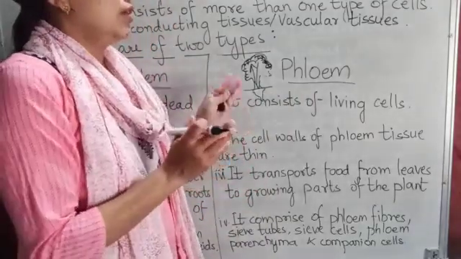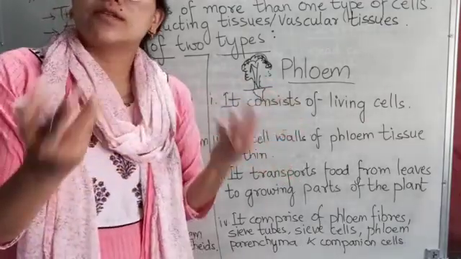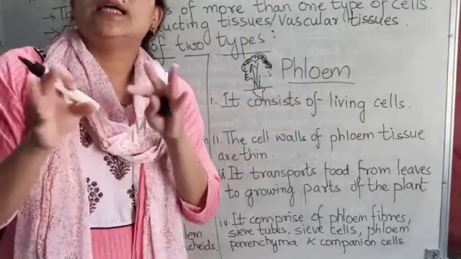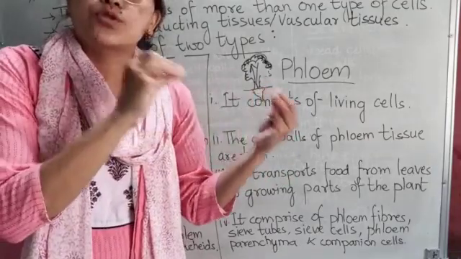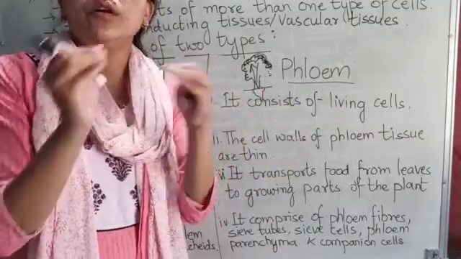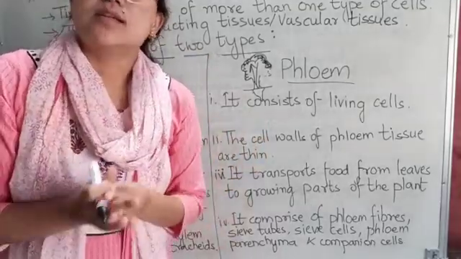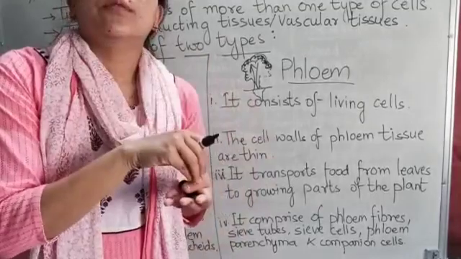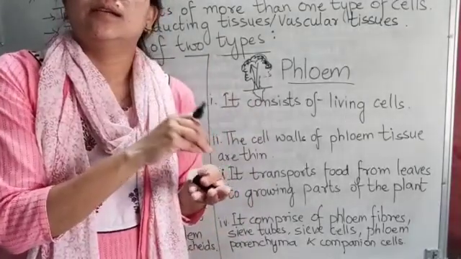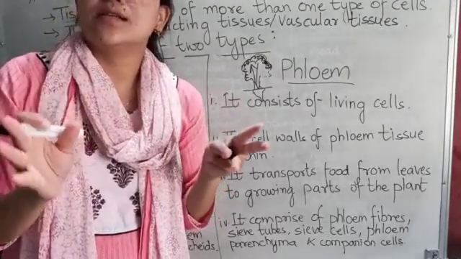The plant stores its extra prepared food in the sink. Then during the spring season, the food from the sink is transported to the growing areas of the plant.